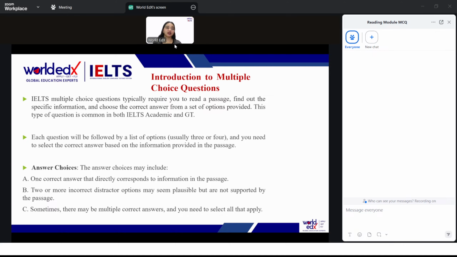You might feel that all of the answers are correct, but if you read the keywords, understand the overall perspective of the question, and then read the paragraph, you will be able to chalk out the incorrect answers and mark the correct one. So these are the ways in which multiple choice options come, and this is how you are able to segregate the wrong answers from the right one and then mark the correct answer.